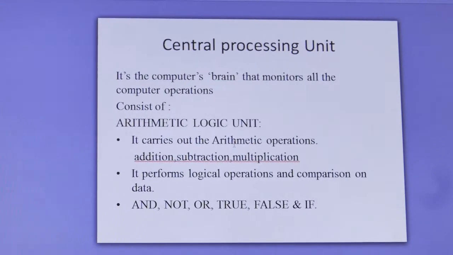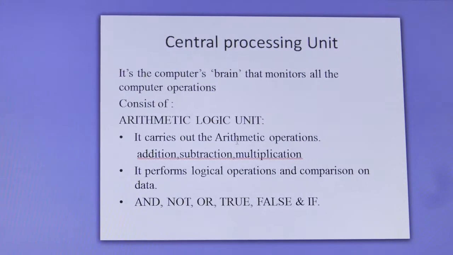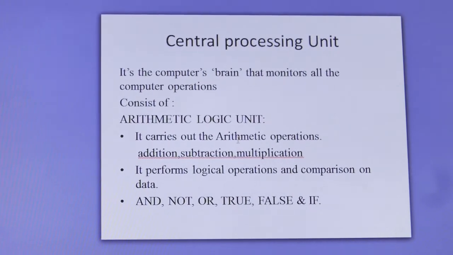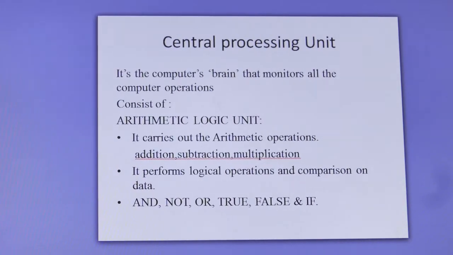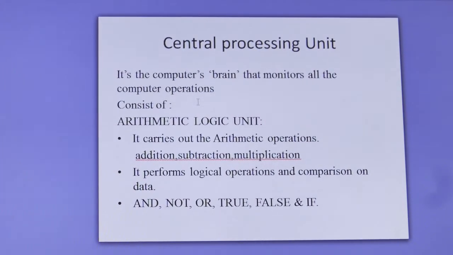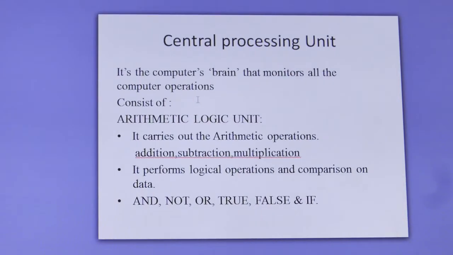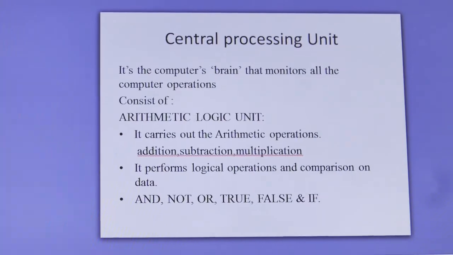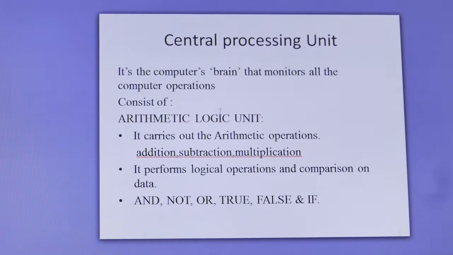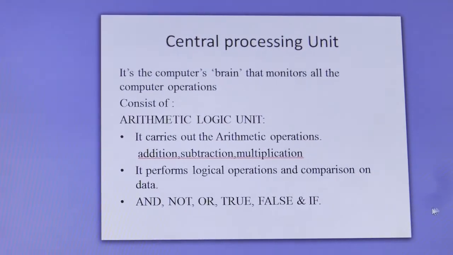It is the one that does all the processes, so you can also call it a processor. It consists of the arithmetic logic unit, control unit, and main memory. We begin with the arithmetic logic unit.